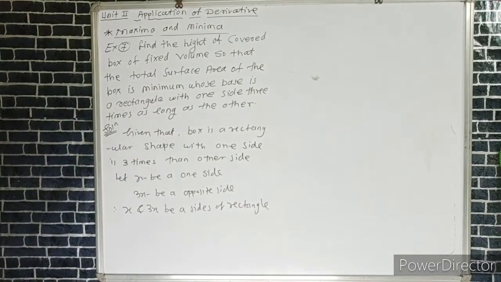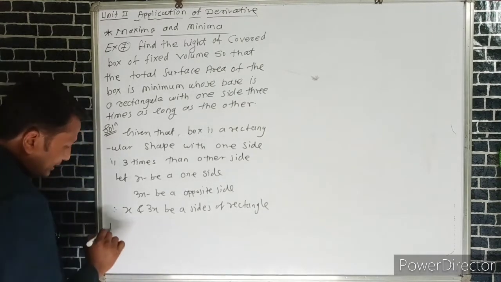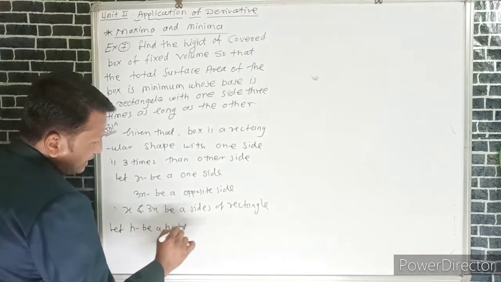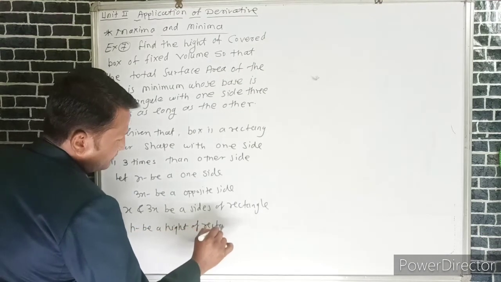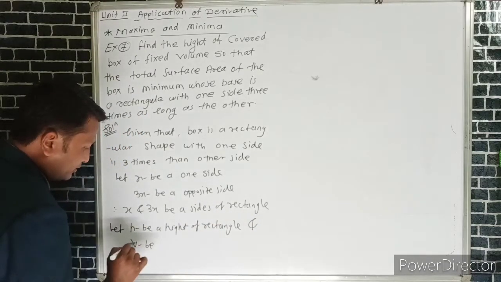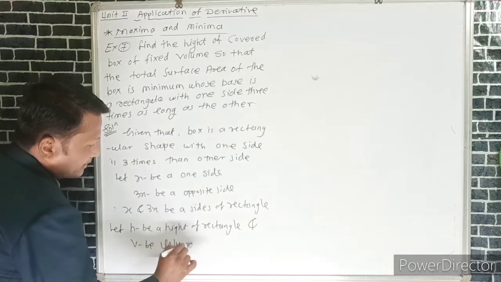Again, let us consider h as the height of the box and v as the volume of the box.